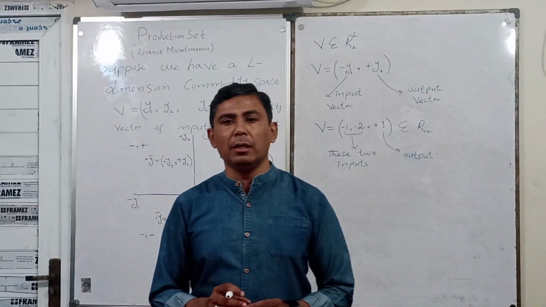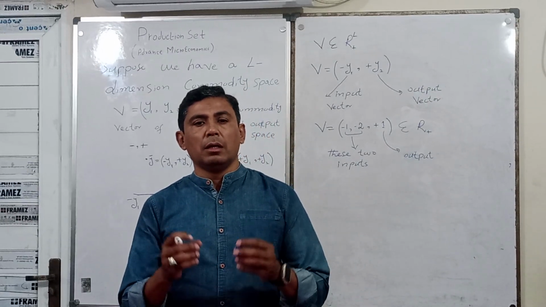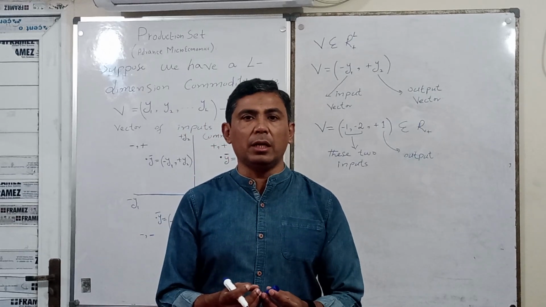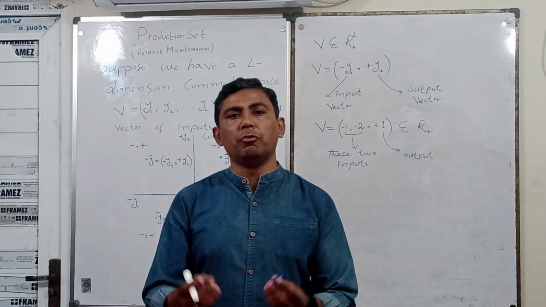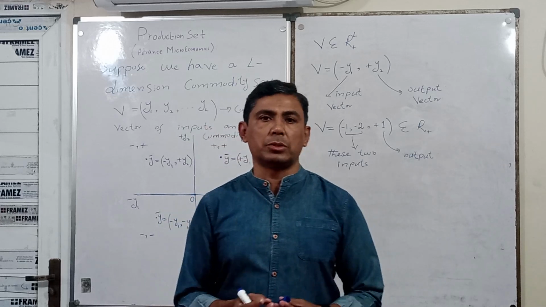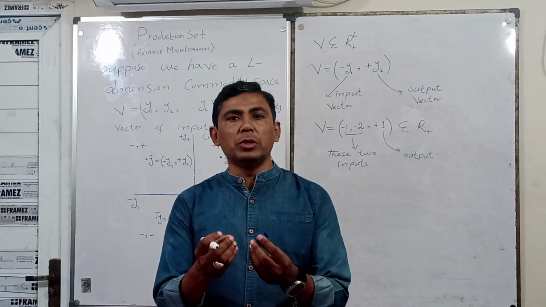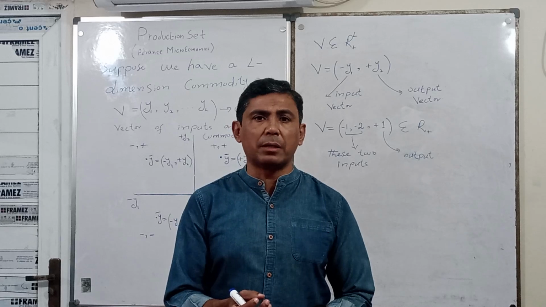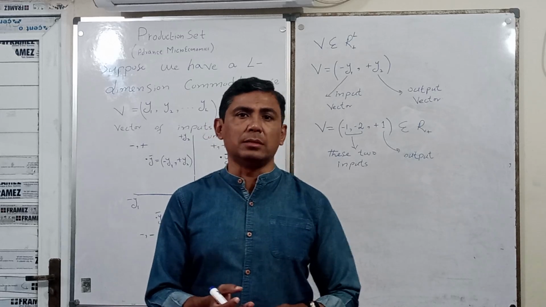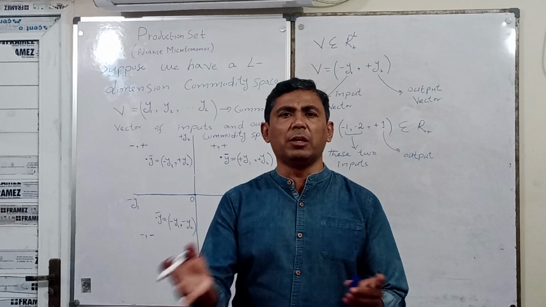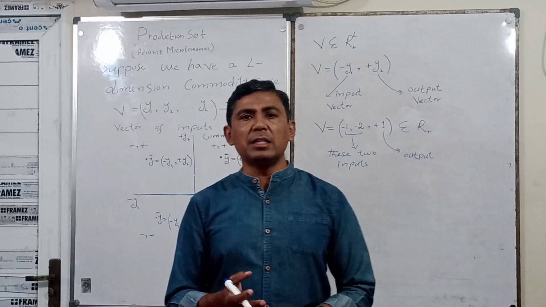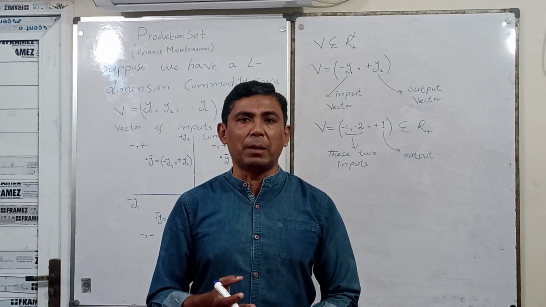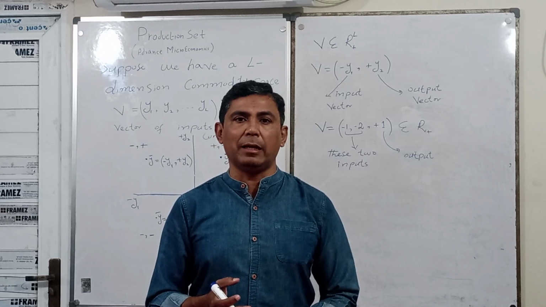For example, there is no possibility of output without utilizing any inputs. Inputs means labor, capital, entrepreneur and land. These are factors of production, and you have multiple inputs. If you don't have any single input, you cannot produce output. So this kind of production plan is an infeasible production plan.